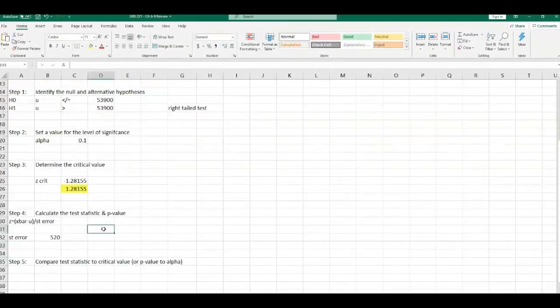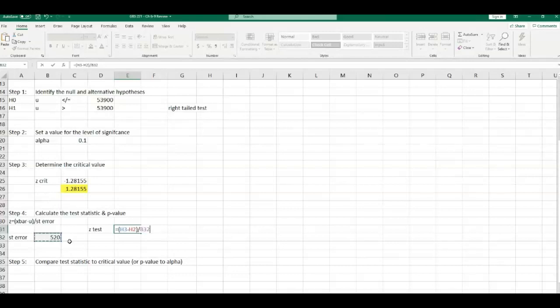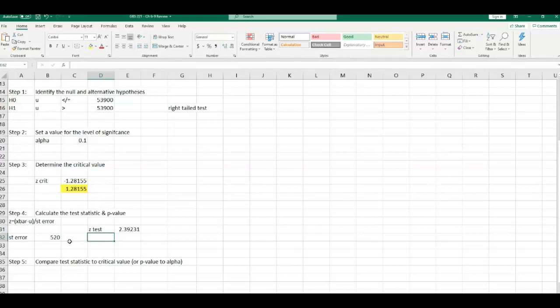And now we can find our test statistic. Our test statistic is just our x bar minus our population mean divided by the standard error that we just found. And we have this test statistic of 2.39.